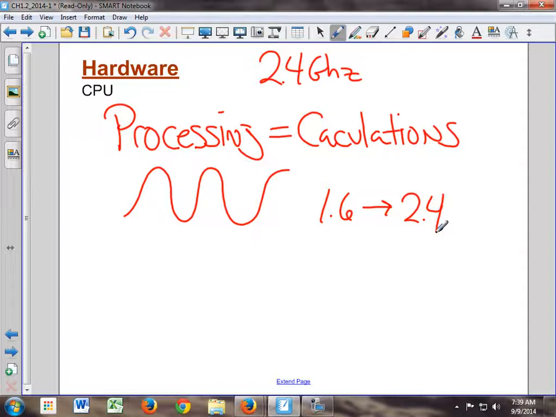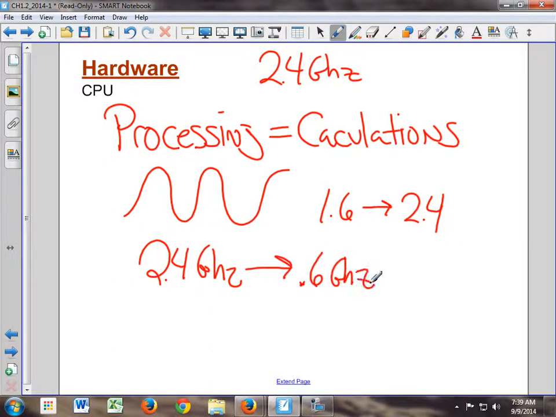So, for instance, your PCs, if you plug them into the wrong power supply, go from 2.4 gigahertz to 0.6 gigahertz. That's what the CPU rate changes. If I was to give you this power supply right here and have you plug it in to your PC, it would slow down the processor.